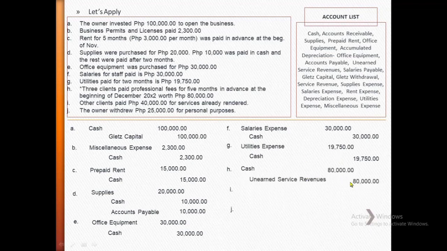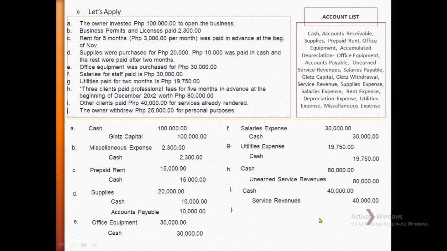However, you're not going to credit service revenues yet because you have not delivered any services or goods yet. So what are you going to credit? It's the unearned service revenues, which is a liability account. Unlike H, in letter I the clients paid 40,000, so debit cash 40,000 for services already rendered. The credit is service revenues 40,000.